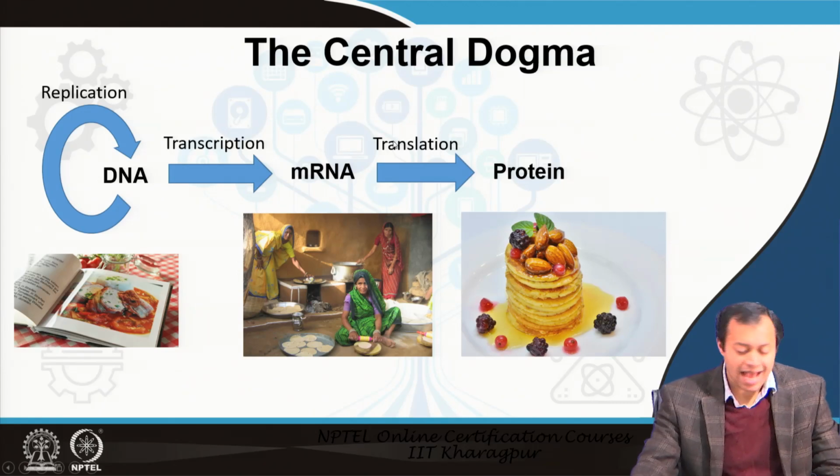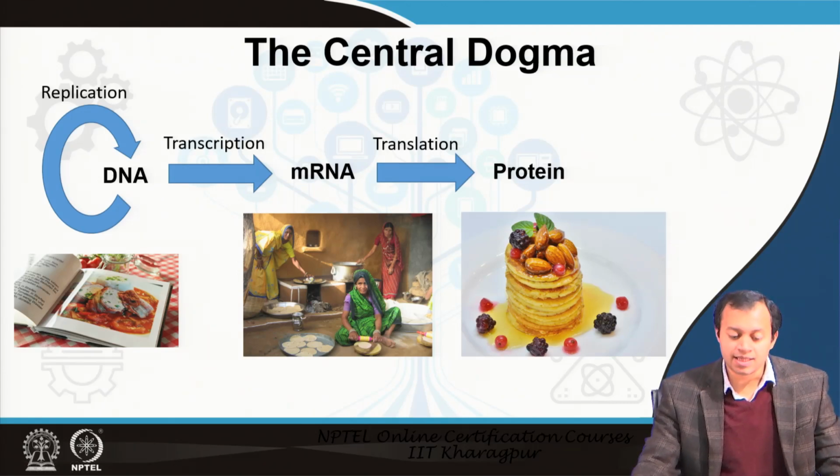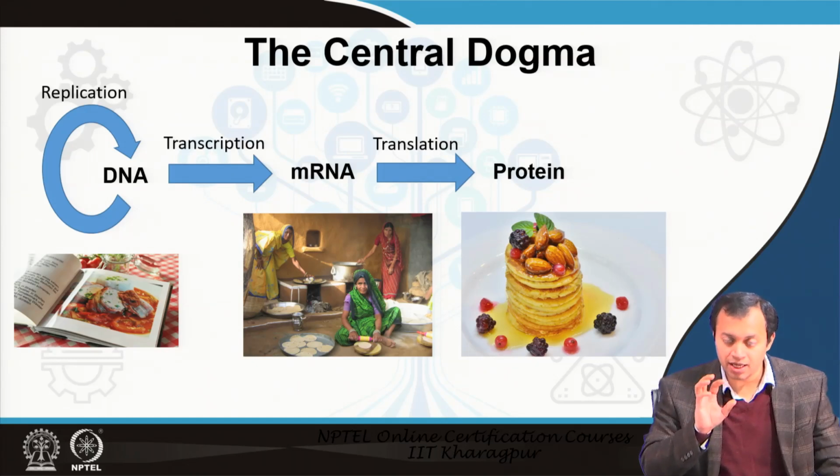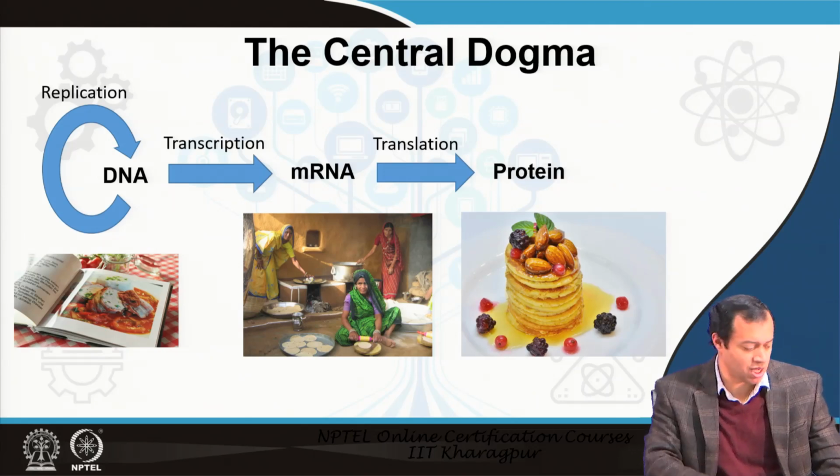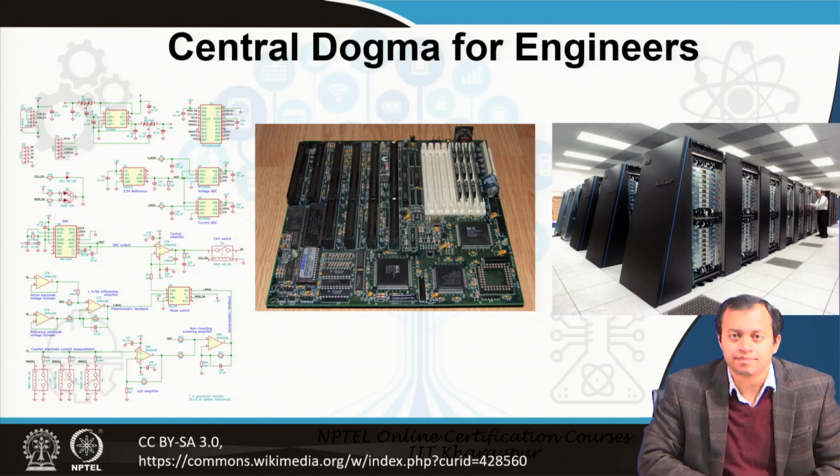Okay. Another example of the process by which information flows in an organism, for electronics engineers out there. Since I am an electronics engineer, I have a soft corner for those of you who are studying electronics and electrical instrumentation. Consider the central dogma as this.